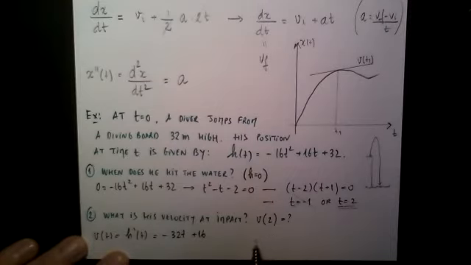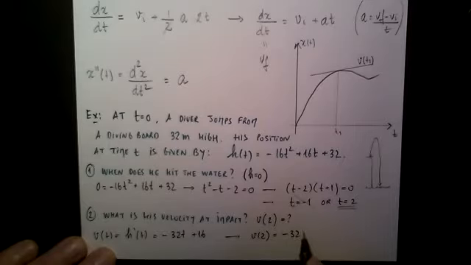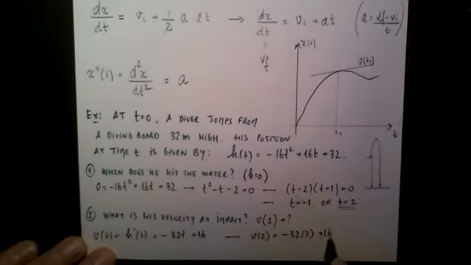And so the velocity at 2 will be equal to, you just plug in 2 in here. So negative 32 times 2 plus 16. So you get negative 48, basically meters per second.